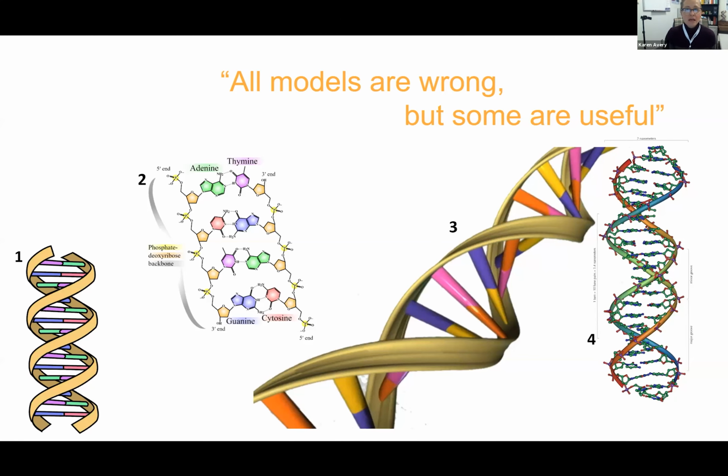So you may have heard the quote, all models are wrong, but some are useful. What you see on this slide are 4 different models that we typically see as icons or in our textbooks or on worksheets. And this time using the chat, Dan and I would love for you to pick one of these models and tell us either how you would use it or what you like about one of those models.